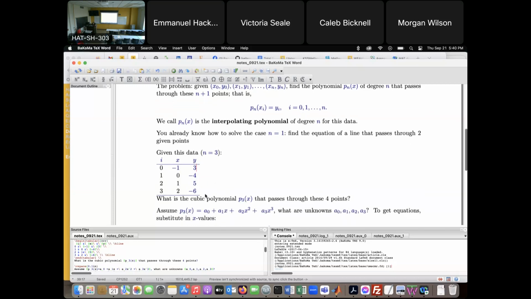So one way of obtaining a polynomial is we assume, because it's cubic, that it has this form. This is the standard form of a polynomial called power form. What's missing is we need to know the values of these coefficients, a0, a1, a2, a3. So to figure out what these unknown coefficients must be, we substitute each of these x values into this equation.